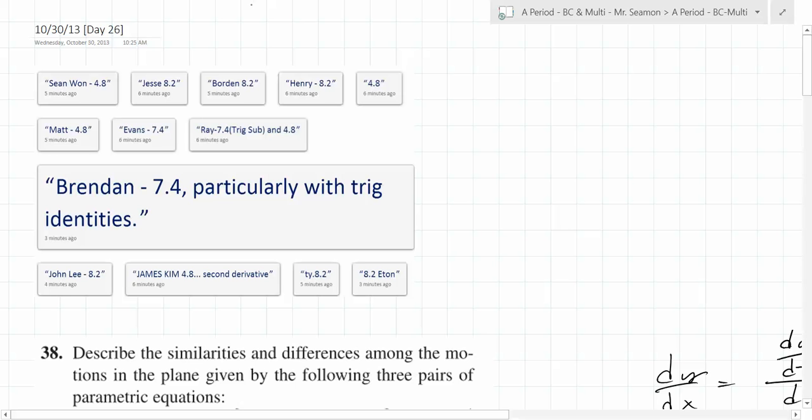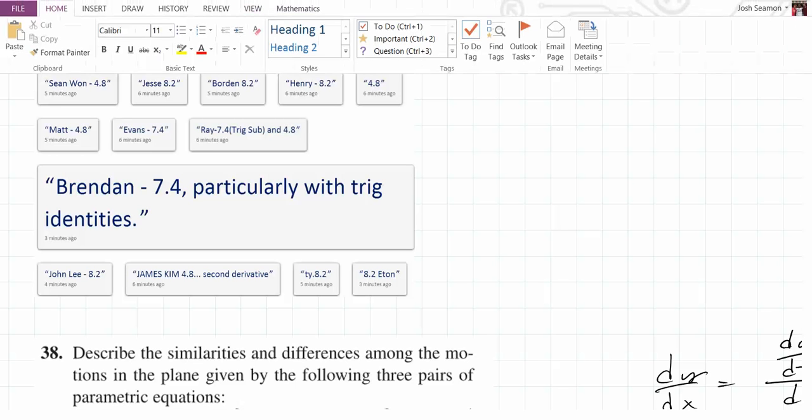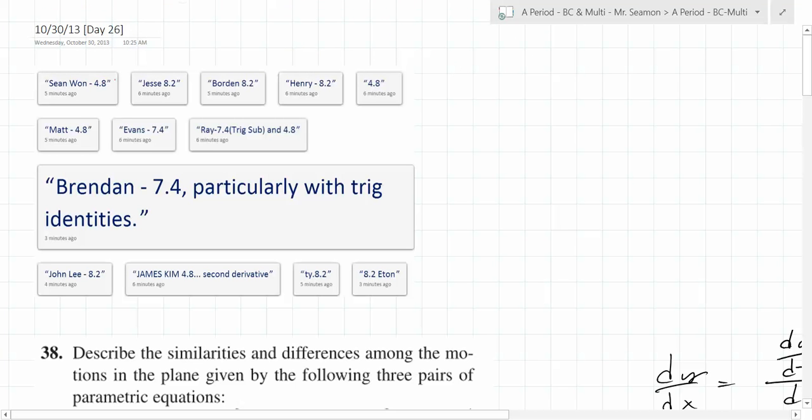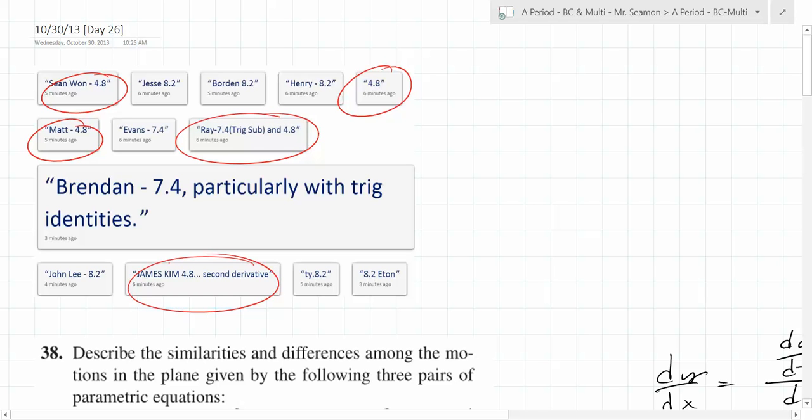So let's just do some colored circling here. When I say your name, stand up. Sean, Matt, someone who's blank and didn't put their name in, Ray, and James. Stand up. You guys are going to find a group over in the back.